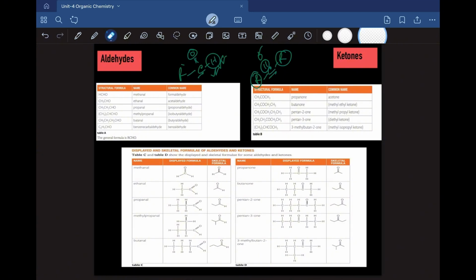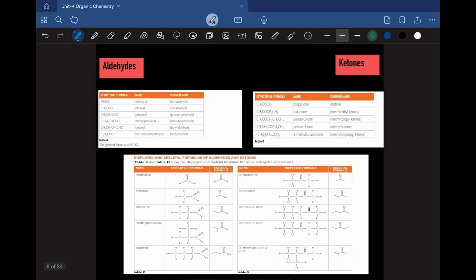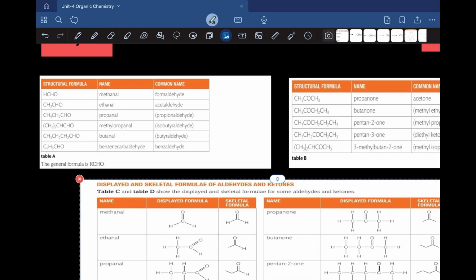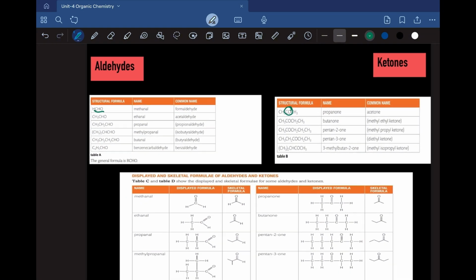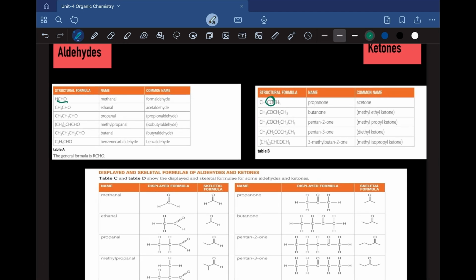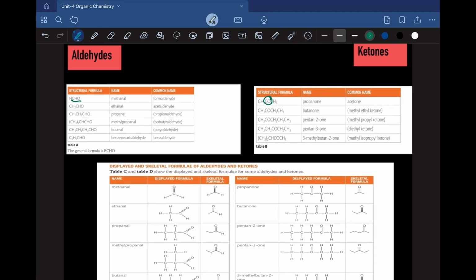This makes the structural formula CHO for aldehydes and only CO for the ketones. This is the main difference between aldehydes and ketones. And we're actually starting the carbonyl compounds. Both aldehydes and ketones are known as the carbonyl compounds.